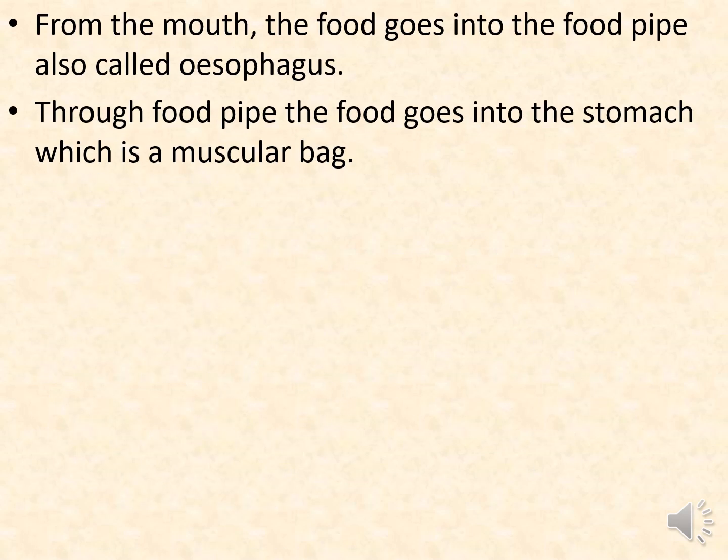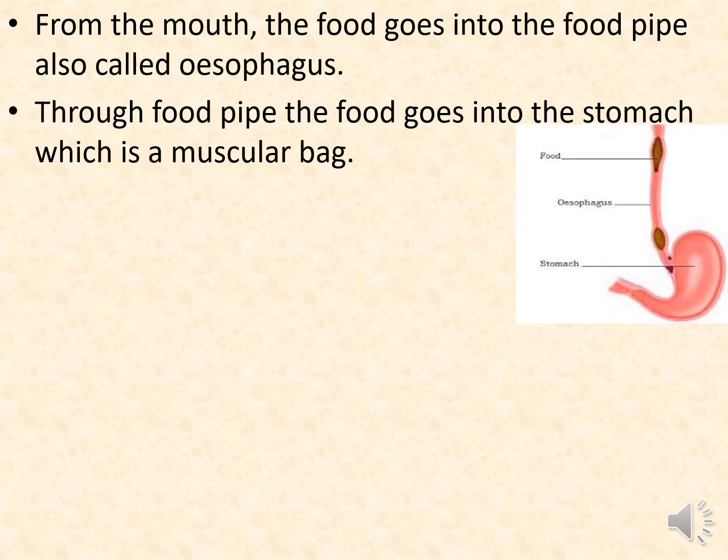Next, food goes from the mouth to the food pipe, also called the esophagus. The O is silent here. After the teeth break the food into smaller pieces, it goes into the food pipe. Students, look in the diagram. The food is going in through the food pipe, and where is the food pipe connected? To the stomach.